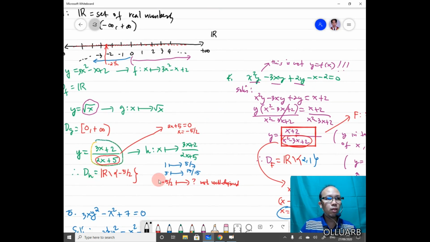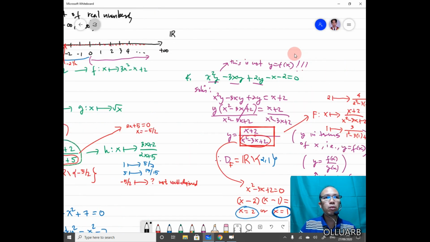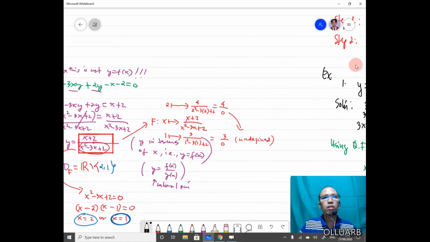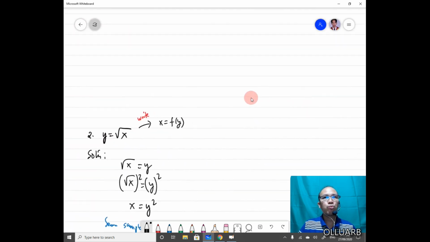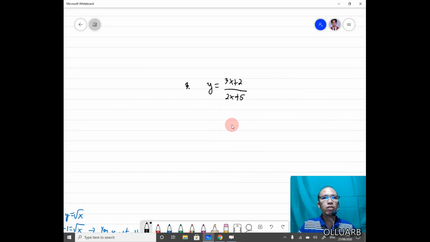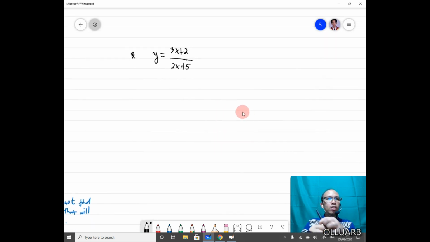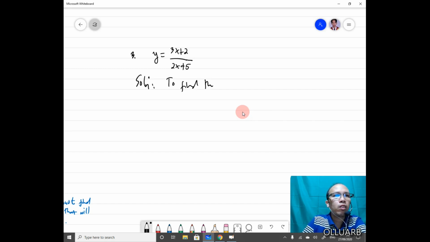Our domain is this one, the set of real numbers except 5 over 2. So I guess I am right. Don't forget, in the previous discussion solution, this is to find the range. Let me recall that the domain, is it d sub h?